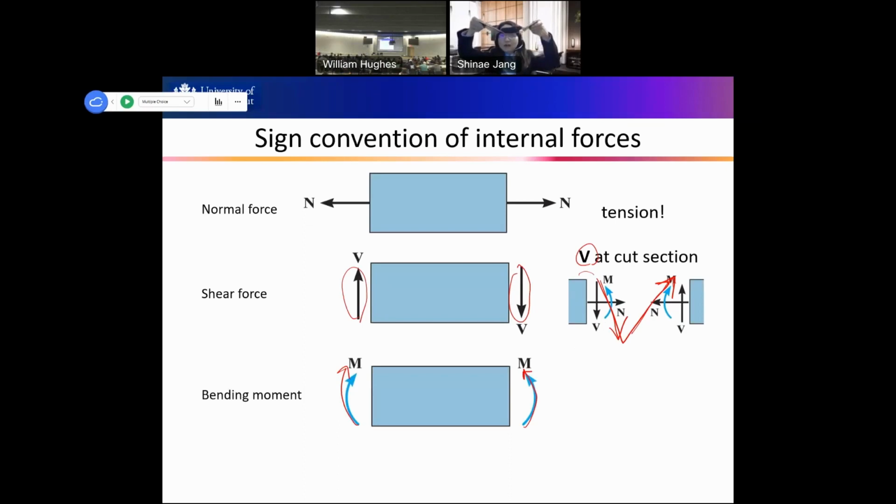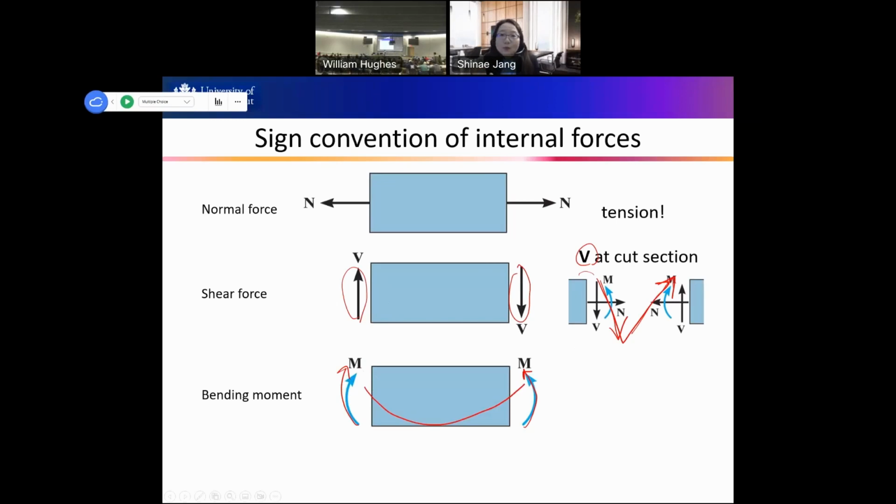That is defined as positive moment. Think about a smiley face: a pair of moments inducing this kind of curvature is positive bending moment.